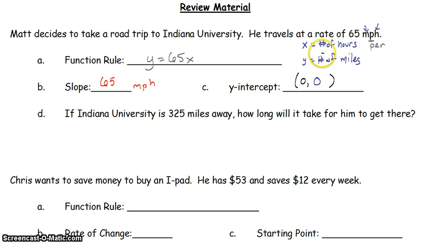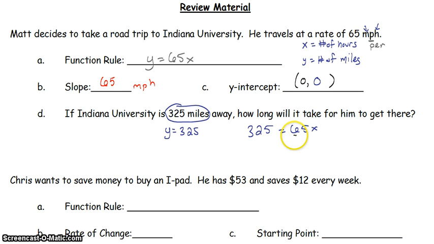As long as we understand this and we know what our variables are, we look to see what they gave me. They gave me 325 miles. That's y. So I'm going to substitute in 325 for y. 325 equals 65x.